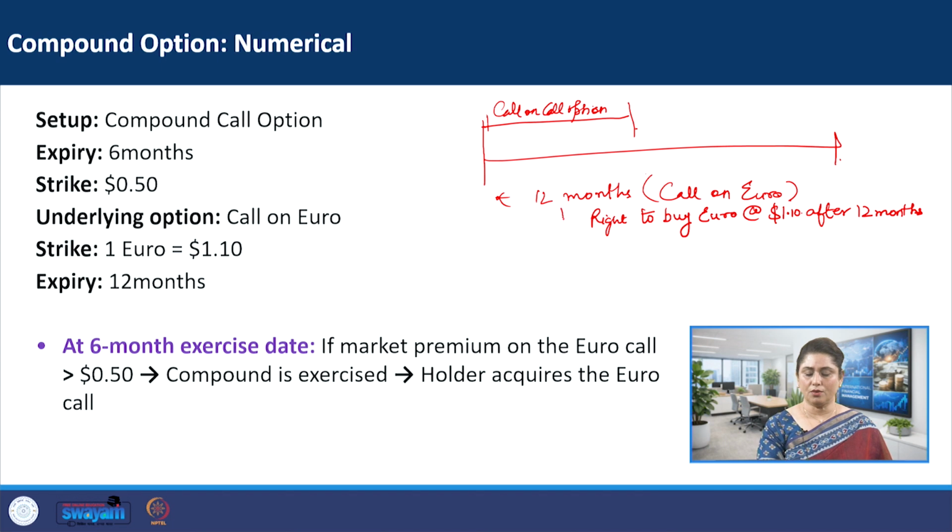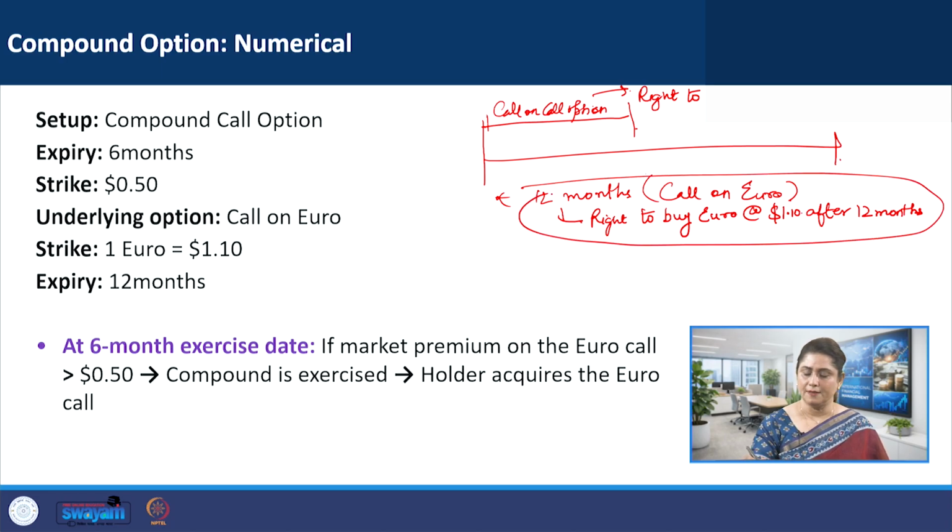This is what this particular option is saying, and what the other option is saying is the right to buy this call option at the strike price 0.50. Now this 0.50 is the premium.